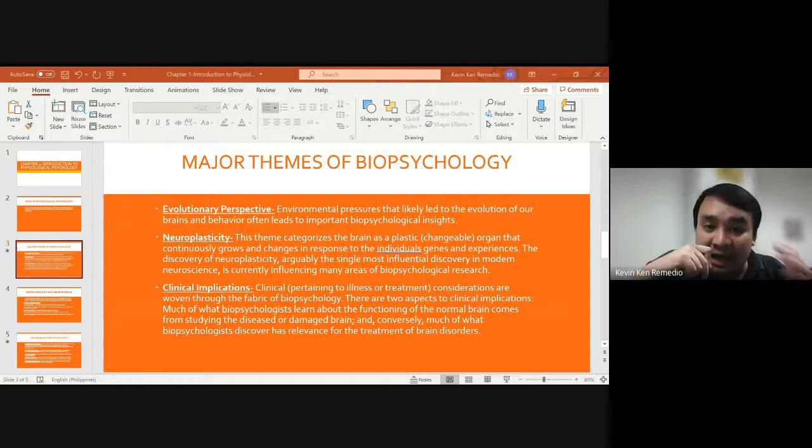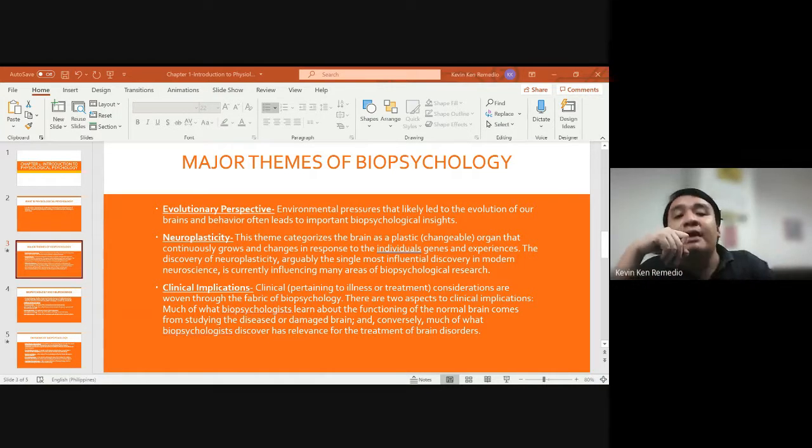That's clinical implications. In clinical implications, there are two aspects. Much of what biopsychologists learn about the functioning of the normal brain comes from studying the diseased or the damaged brain. It took years for them to study. Conversely, much of what biopsychologists discover has relevance for the treatment of such disorders.